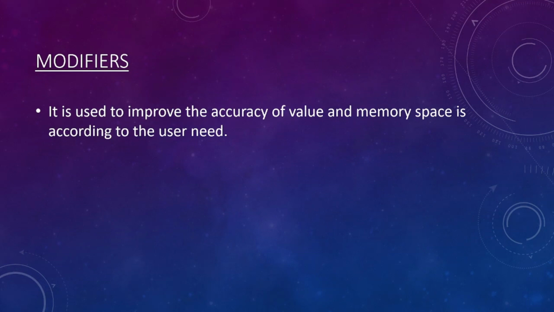Whenever you are creating a program, you tend to initialize a variable to some value. Whenever you are creating a variable in the program, that means you are creating the memory space.